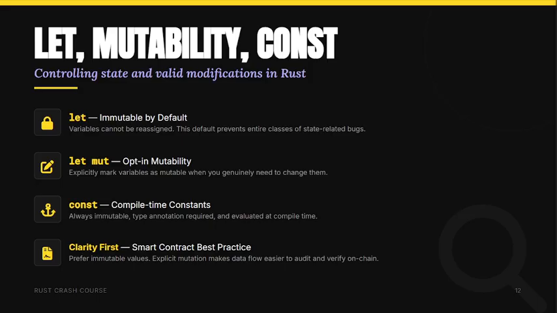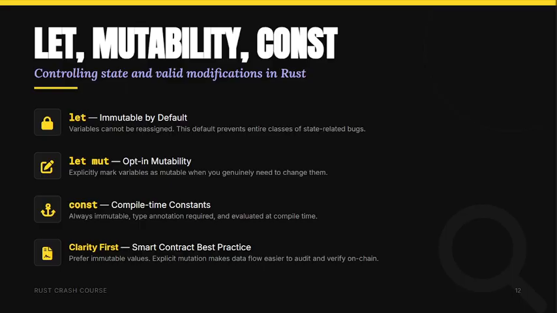There are 4 ways to bind a value to a name in Rust. Let, immutable by default. So when you write let x = 5, that variable x cannot be reassigned. If you try, you get a compile error.